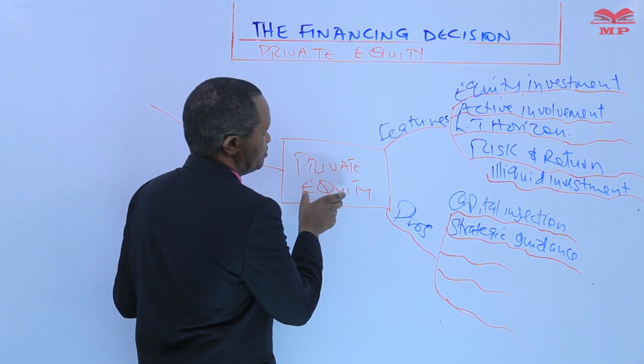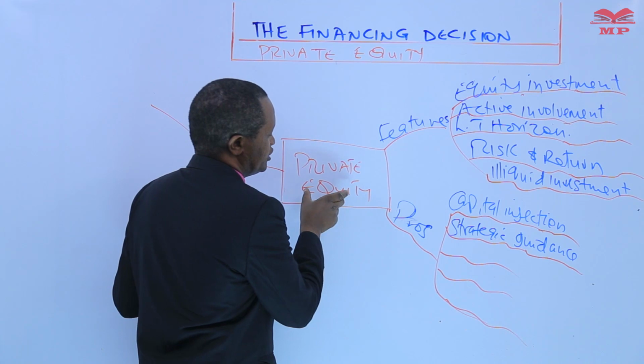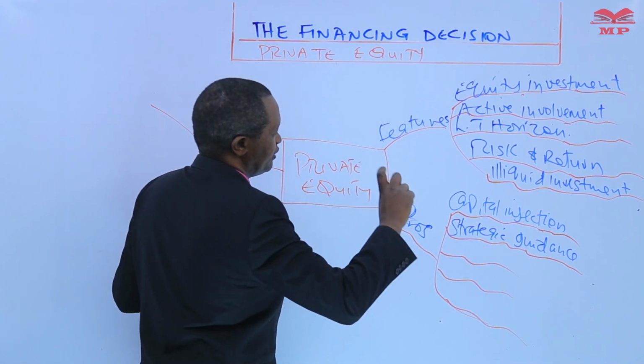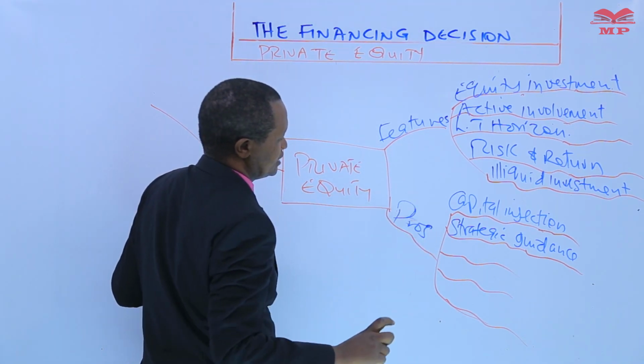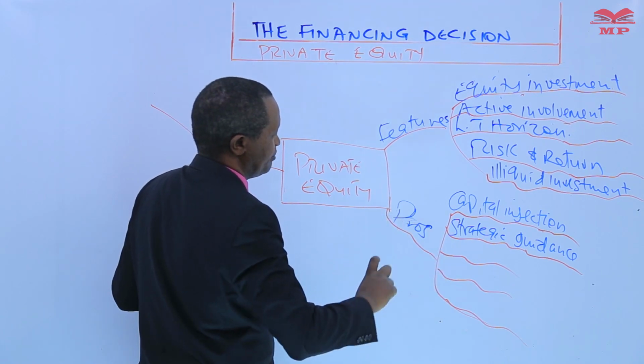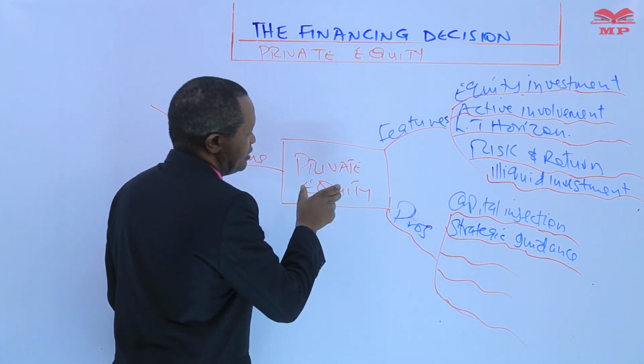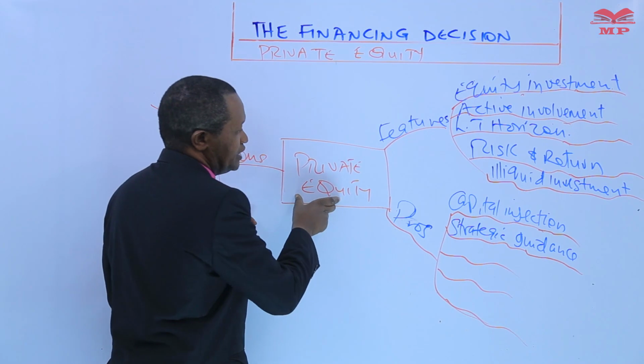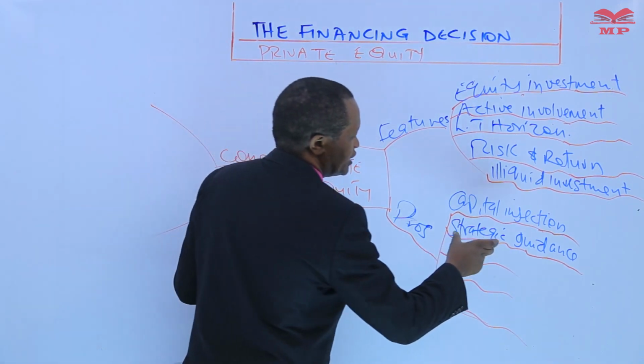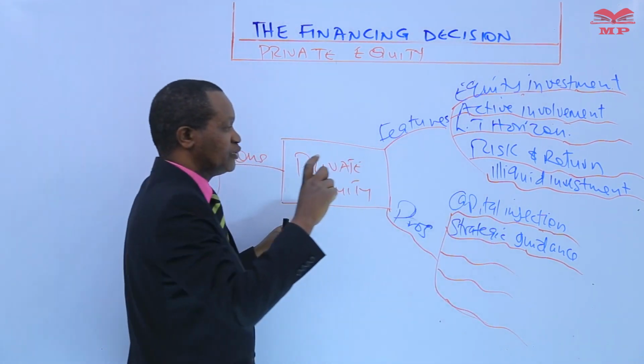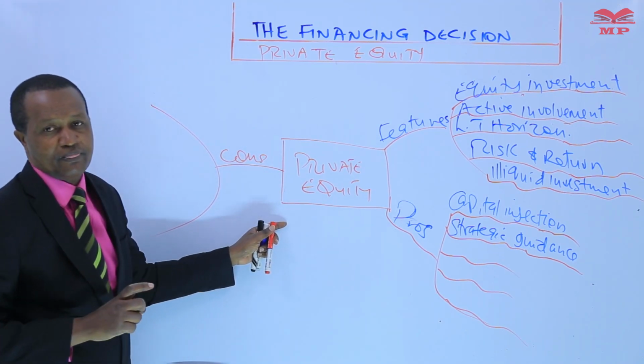This is capital that is provided by institutional investors to privately held companies. So these private equity firms, these institutional investors, they bring strategic guidance to the private companies.